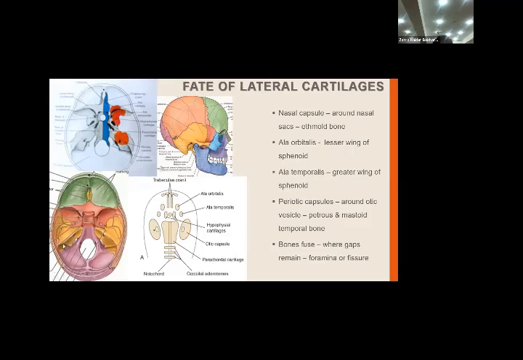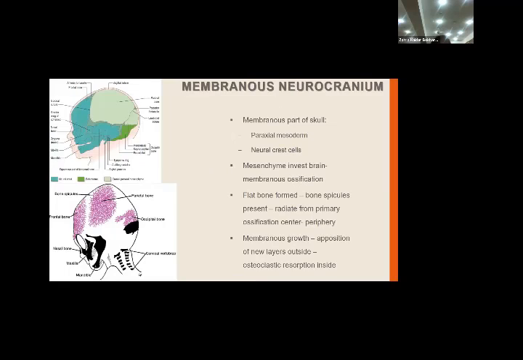This part has to bear the weight of the brain, so it needs to be a solid structure. Now let's come to the membranous neurocranium, that part of the skull that forms a protective case. That means we are talking about the vault of the skull.